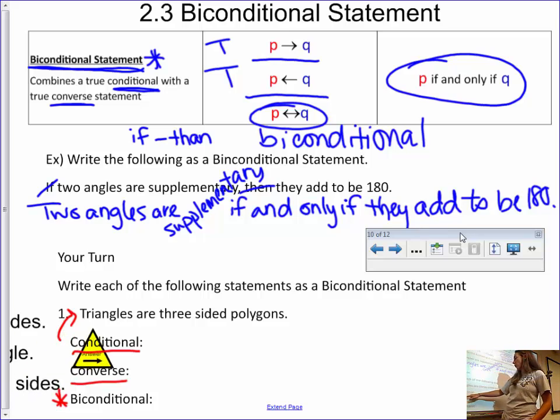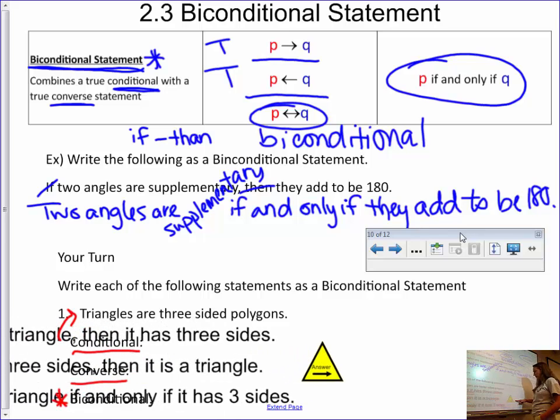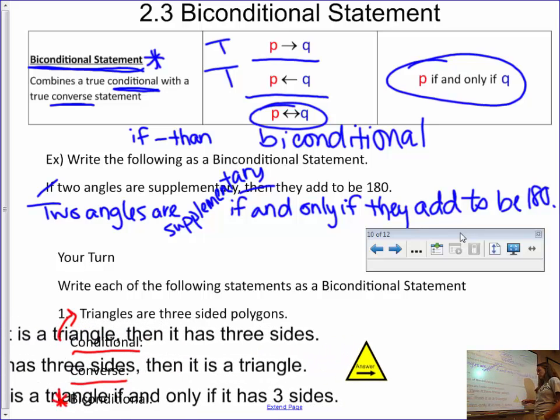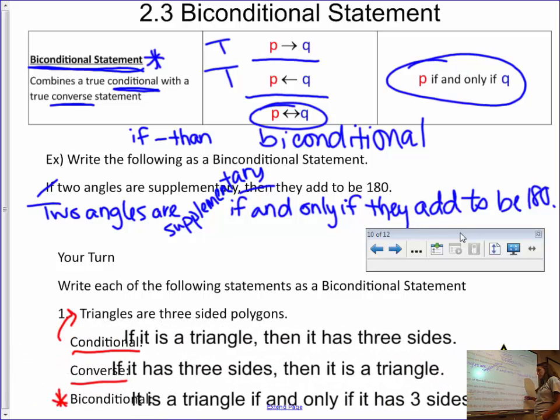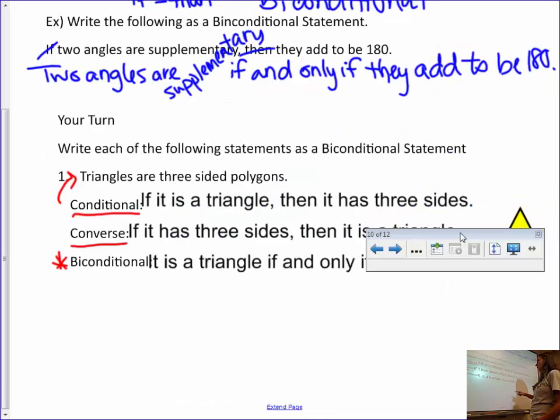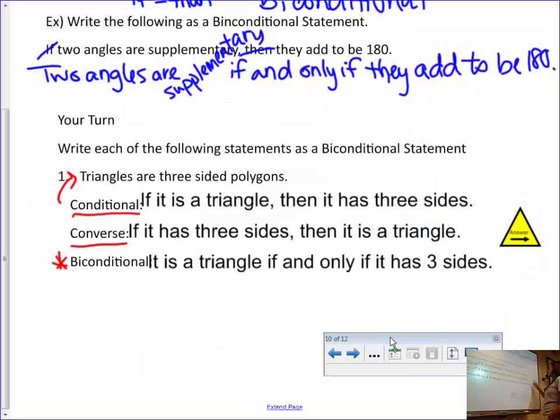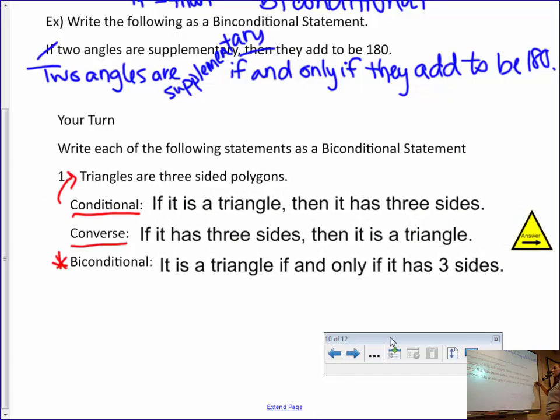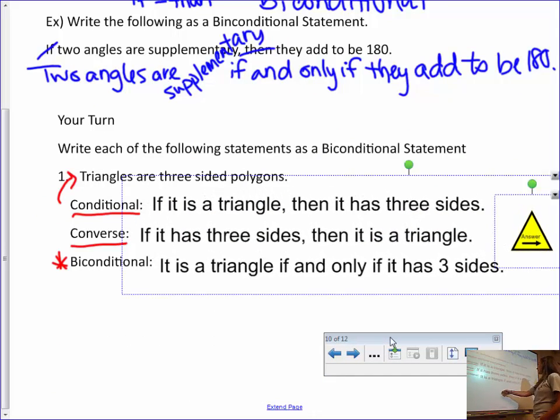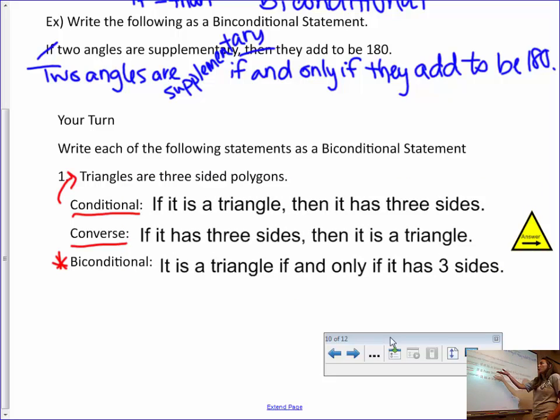All right, so hopefully you were able to write the conditional. Let me extend the page here. Okay, so conditional, remember the order stays the same. So if it is a triangle, then it has three sides. You could have written if a figure is a triangle, just as long as you have the triangle as your hypothesis part and three sides is your conclusion part.